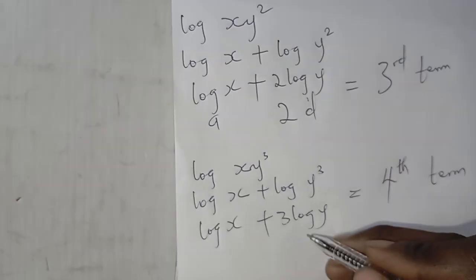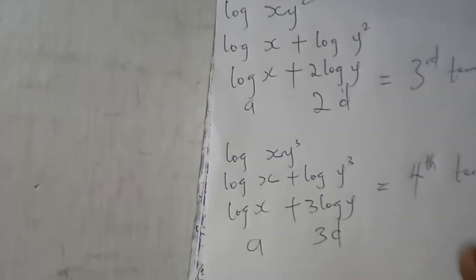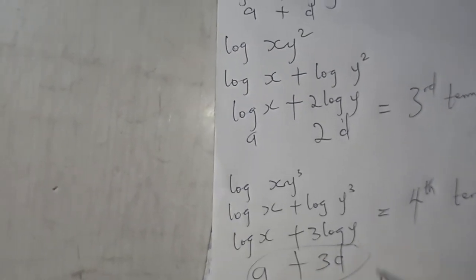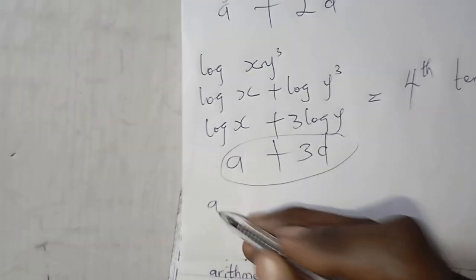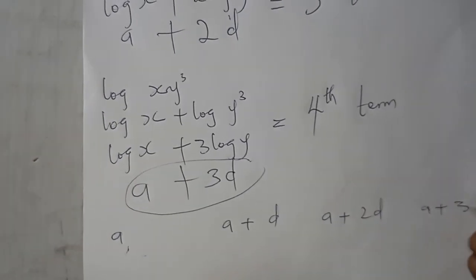If log y is D, it's carrying 3, and this is A. So it corresponds to the setup A plus D, A plus 2D, A plus 3D.